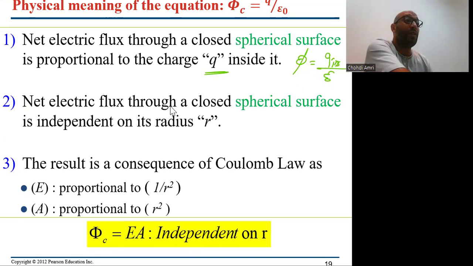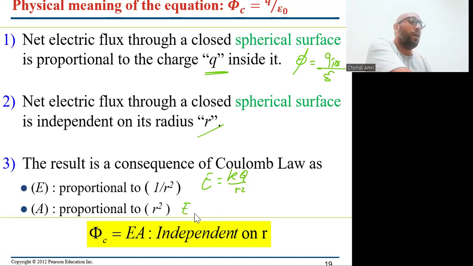The net flux through a closed spherical surface is independent of the radius R. The result is a consequence of Coulomb's law, as E is proportional to 1 over R squared and A is proportional to R squared, because E equals KQ over R squared and A equals 4 pi R squared, the surface area of the sphere. So we have 1 over R squared multiplied by R squared, so they cancel each other. So the electric flux is independent of R.